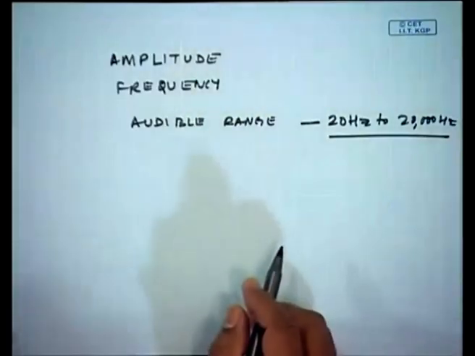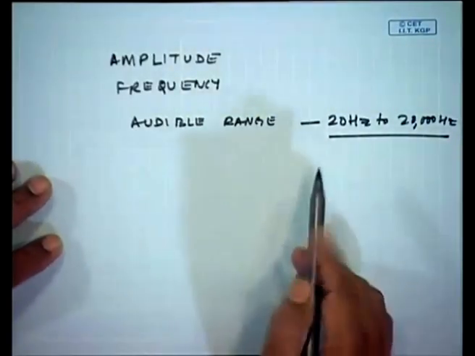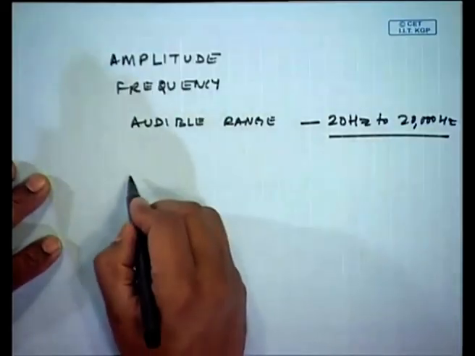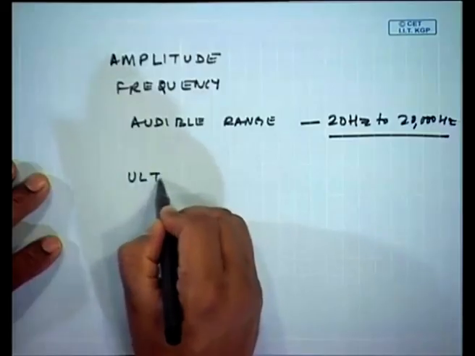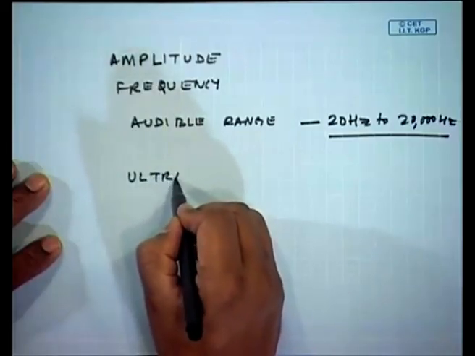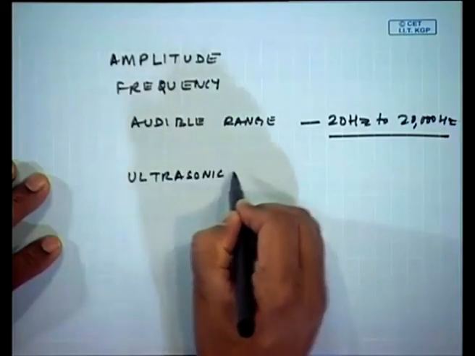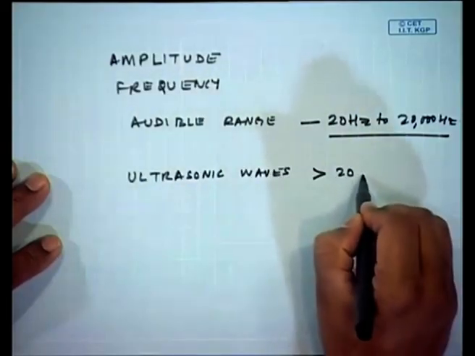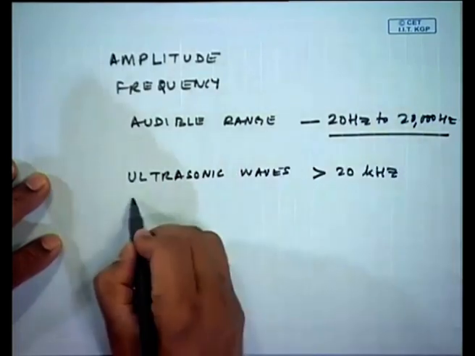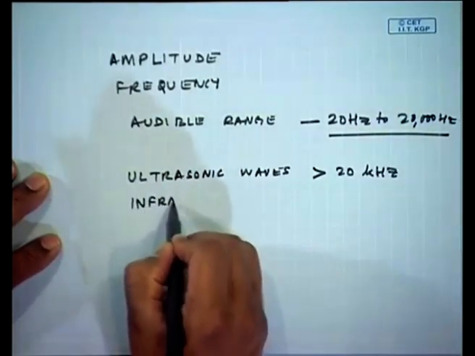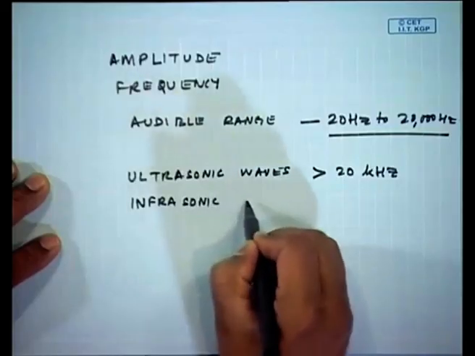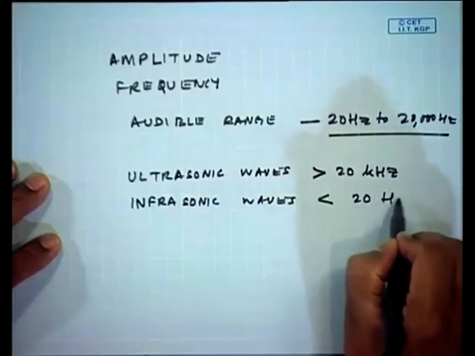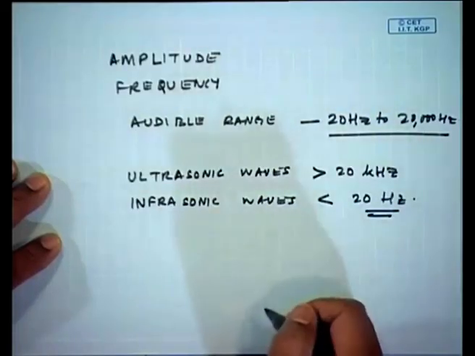We can hear any sound in this band of 20 hertz to 20,000 hertz or 20 kilohertz. Those above 20 kilohertz are known as ultrasonic waves, and infrasonic waves are less than 20 hertz. Okay.